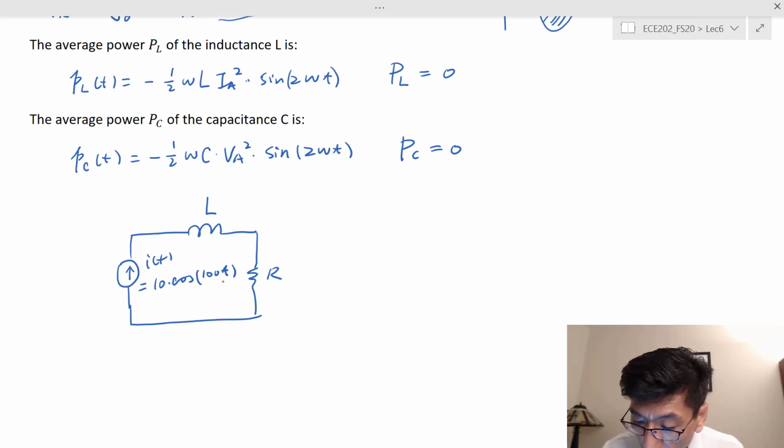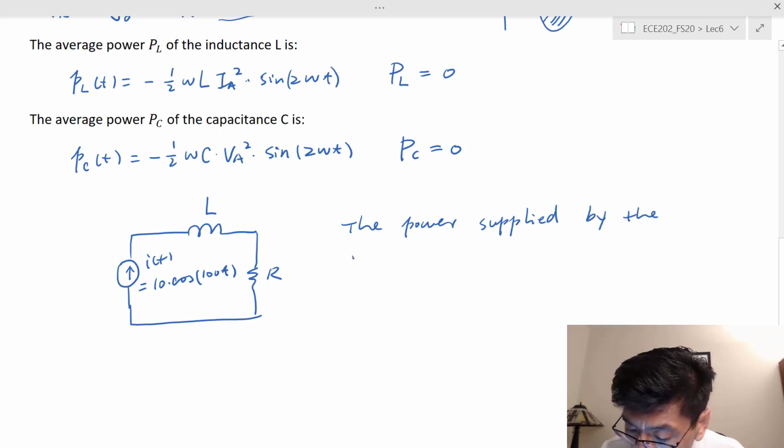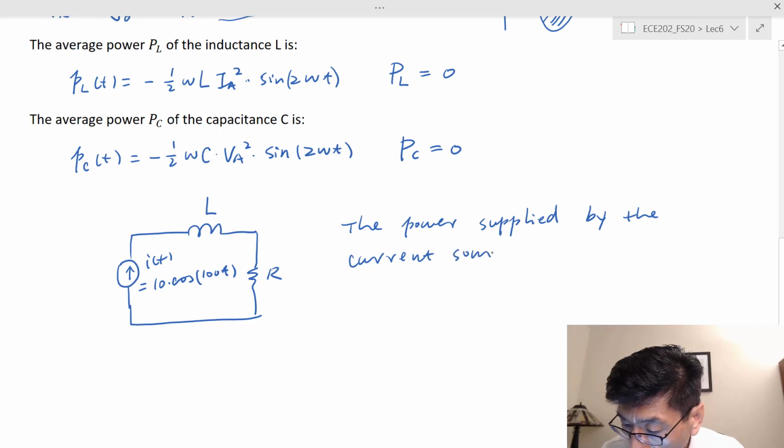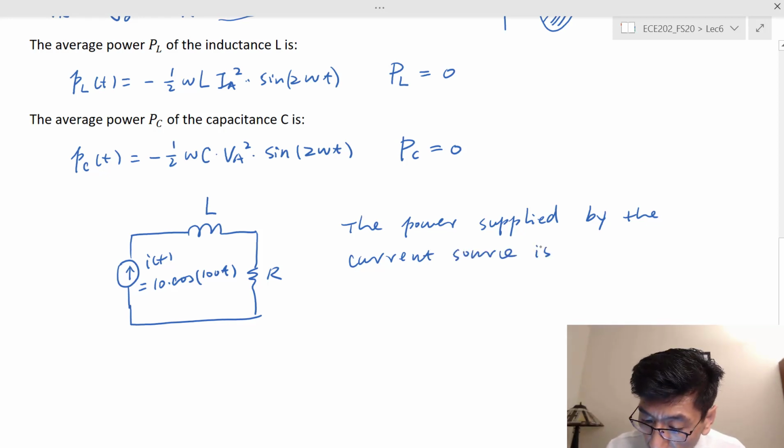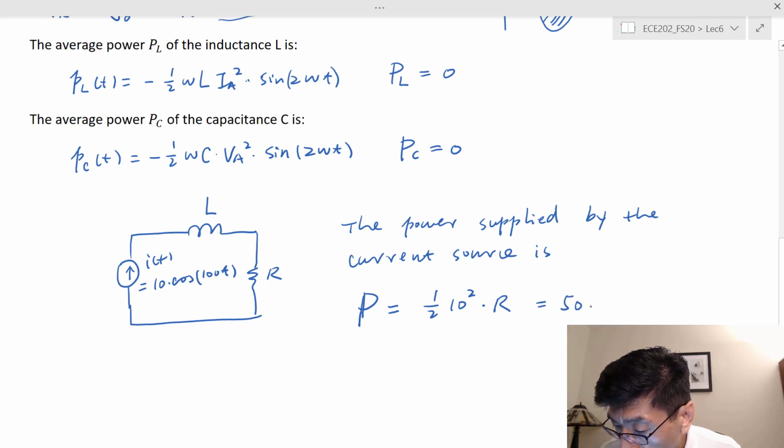In this case, the power drawn from or supplied by the current source is P, which is half I sub A square times R, which is half of 10 squared times R. So whatever the resistance value is, that would be 50 times R. The unit would be watts.